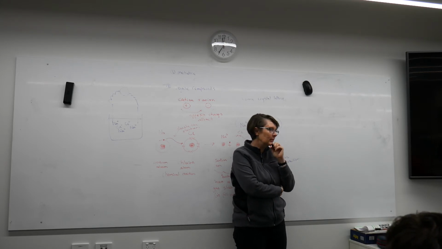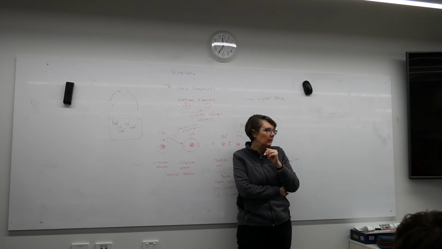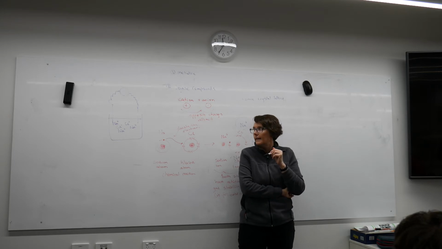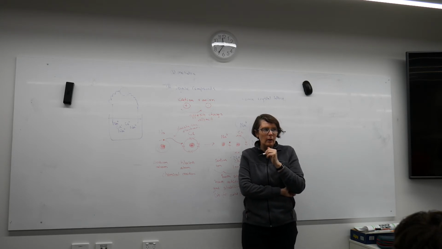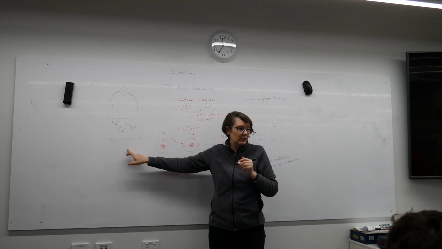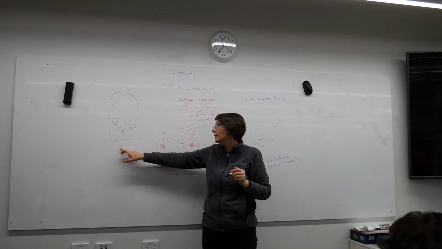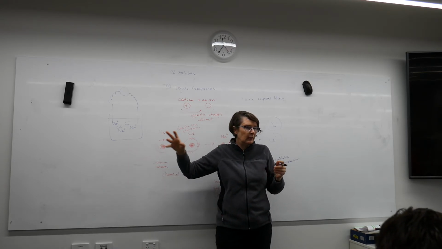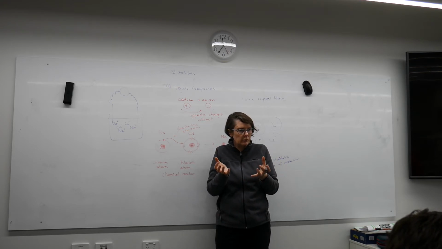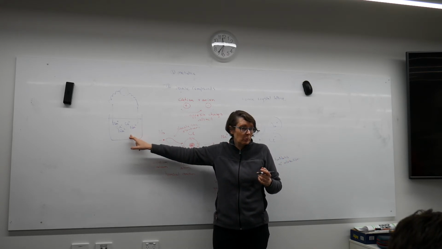No, this is good. This is good because it gets the old brain cells moving. Okay, so the answer is yes, this can conduct electricity. And the reason is that what we need for electricity is charged particles to move. And because these are molten, they can move.